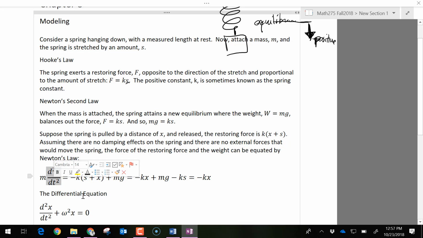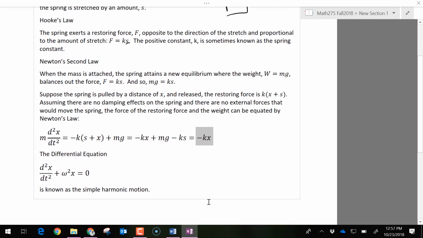So the acceleration, we'll call the second derivative, is equal to negative k times x. The bottom line is we get this differential equation.